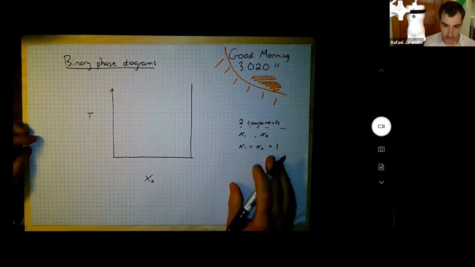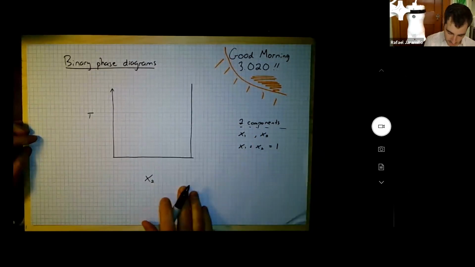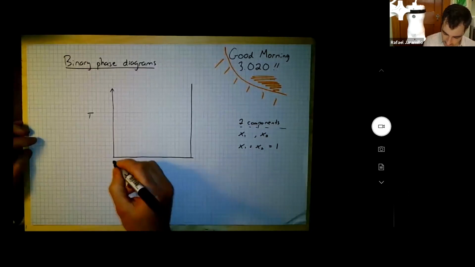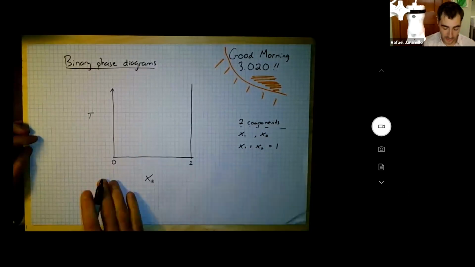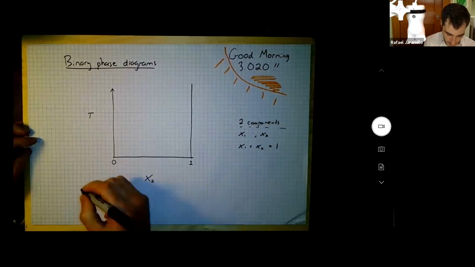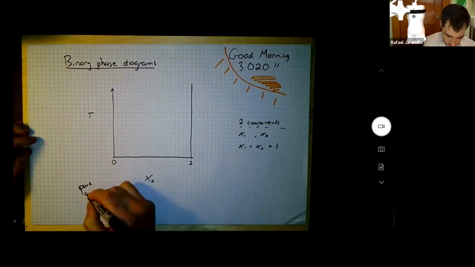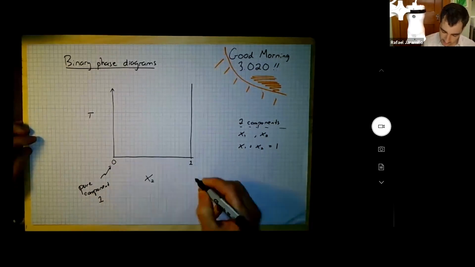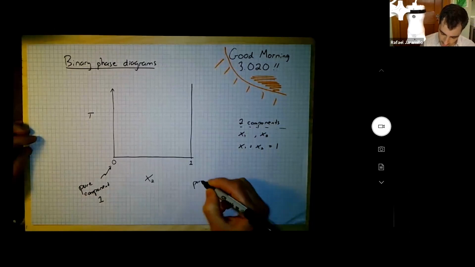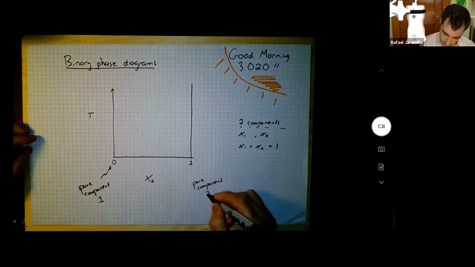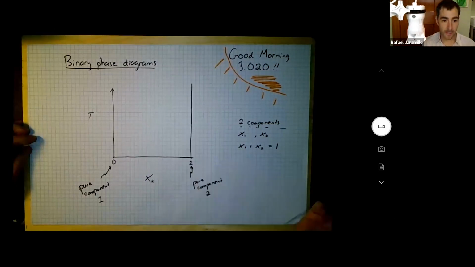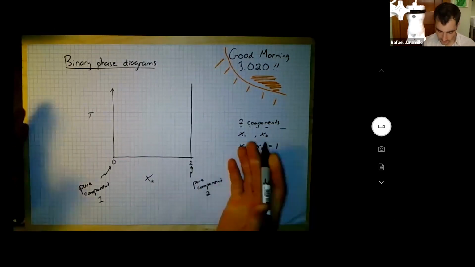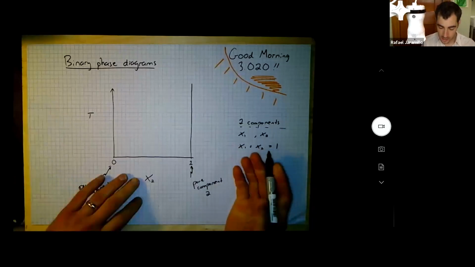So we normally plot the mole fraction of 2 going from 0 to 1. That means on the left-hand side here, we're talking about pure component 1, and on the right-hand side, we have pure component 2. So it's a diagram of equilibrium for temperature and composition.